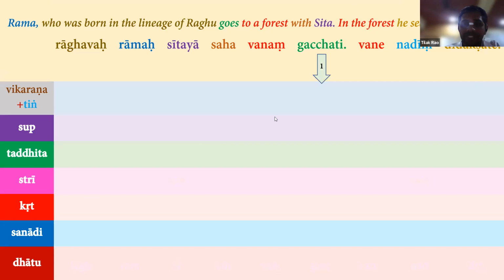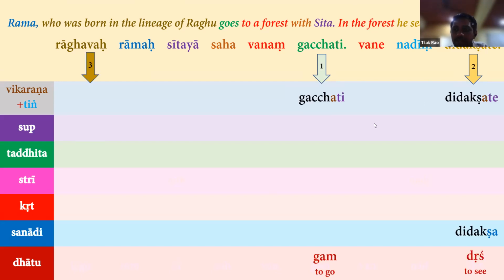If you start with gacchati, this is a verb form. To create the word gacchati, there is the gam dhatu, then vikarana plus thing. By adding vikarana and thing pratyaya, we get gacchati. And didrikshate: see, there are 2 levels.